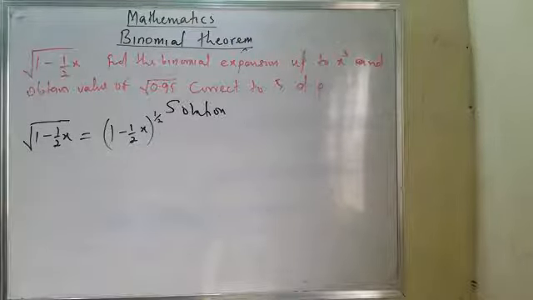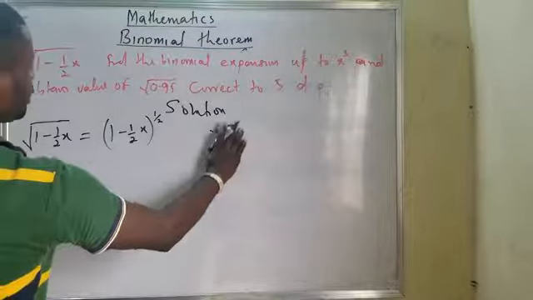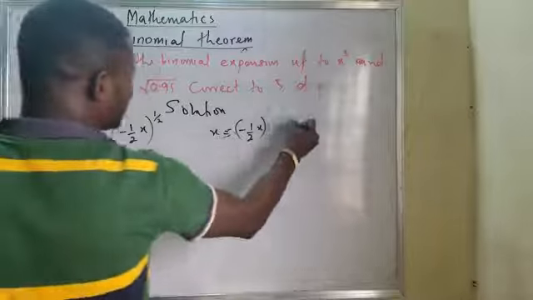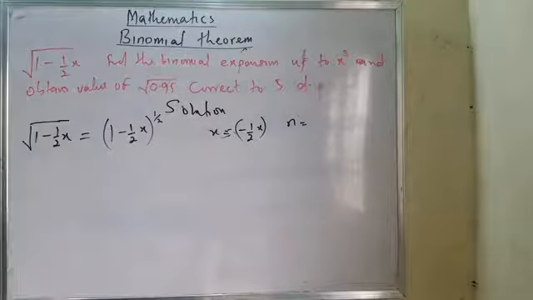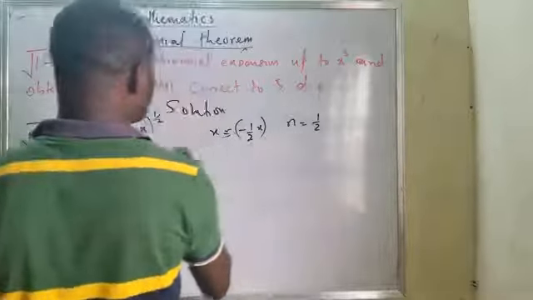Since the power is less than 1, I can answer that what? My x will be equal to minus 1 all over 2x, and from what I wrote earlier, my n will be equal to 1 all over 2.